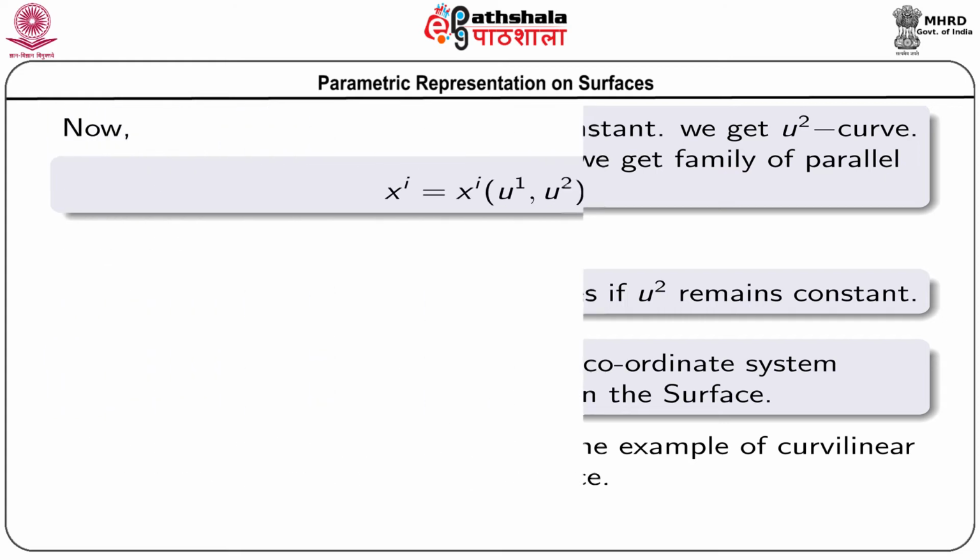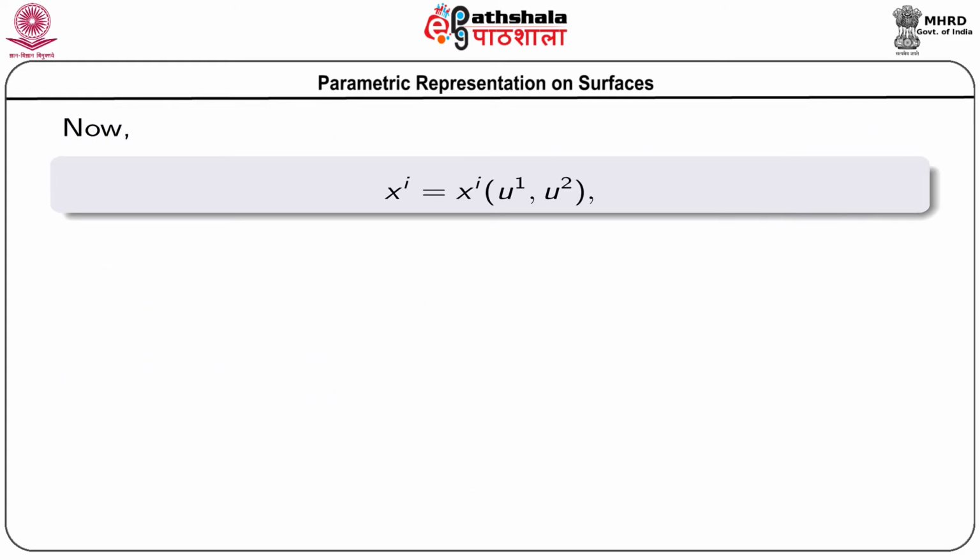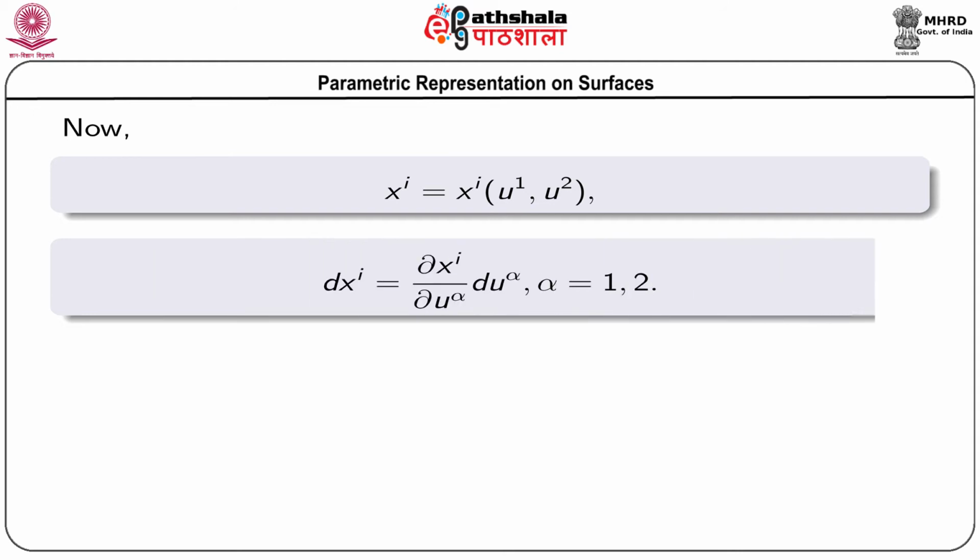From the parametric equation of surfaces, that is xi equal to xi of u1, u2, if we take dxi, from the tensor, we have dxi is a contravariant vector and dxi can be expressed as del xi del u alpha du alpha, where alpha is running from 1 to 2.